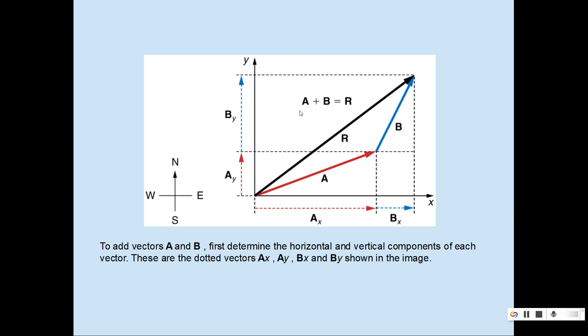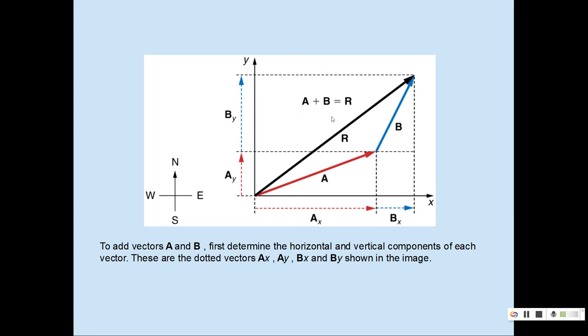What we're saying is the x component of A plus the x component of B is equal to the x component of r. So you could write one that says ax plus bx equals rx. And similarly, the y component of a plus the y component of b is equal to the y component of r, right? So there's really two formulas.